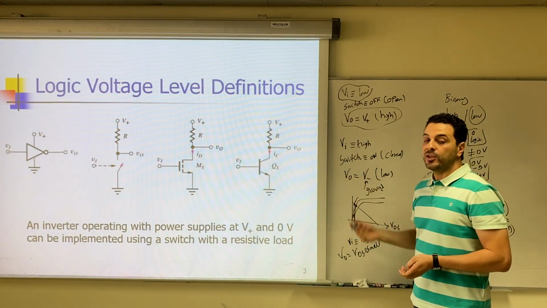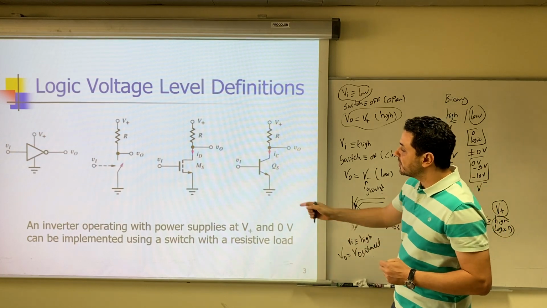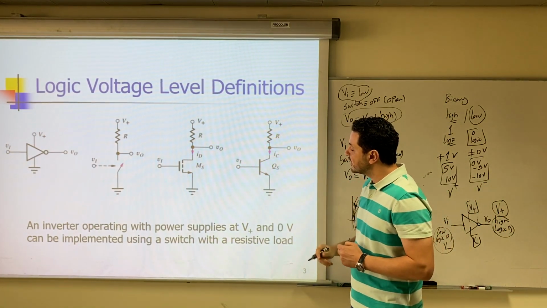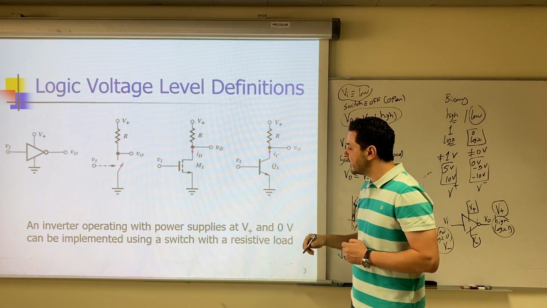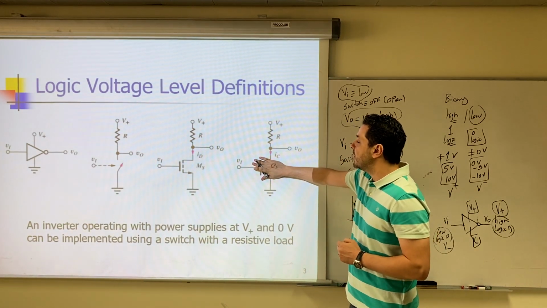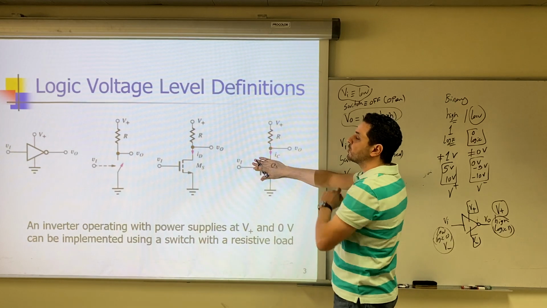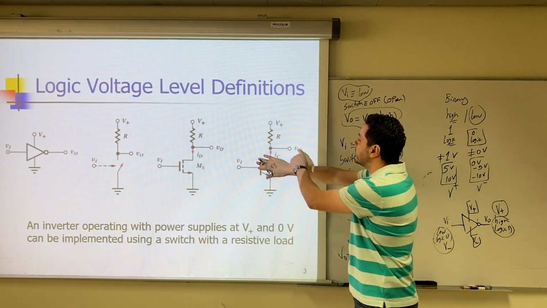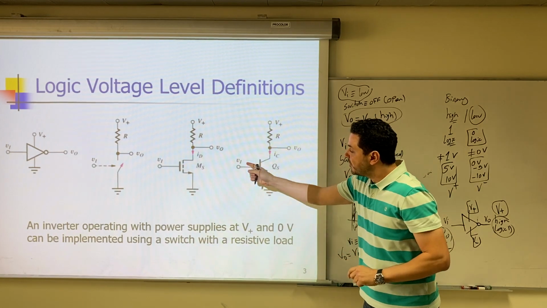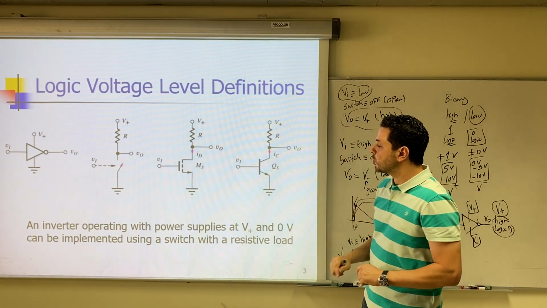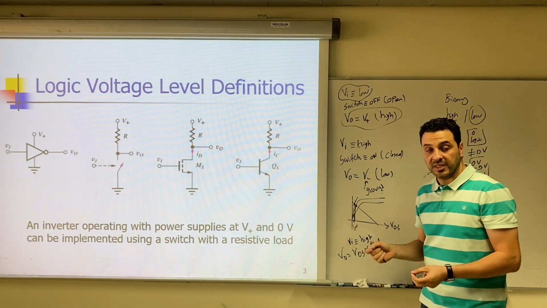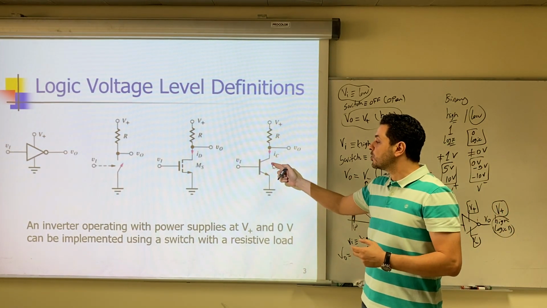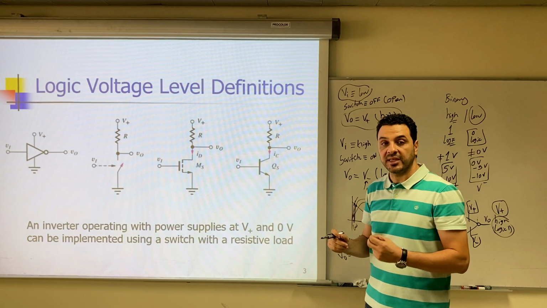Similar to that, we can use the bipolar junction transistor. If the V input is very small, it's not enough to provide 0.7 for VBE here, then the transistor will be off and V output will be equal to V plus. So when the V input is low, V output will be high. When V input is high, this transistor will operate, and you can choose this resistance, the load line, so that this transistor operates in saturation.